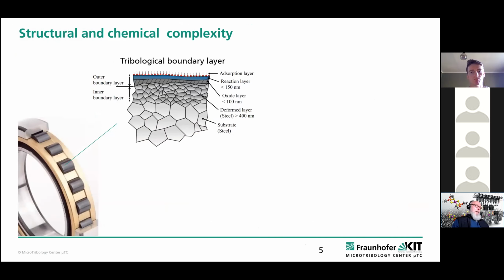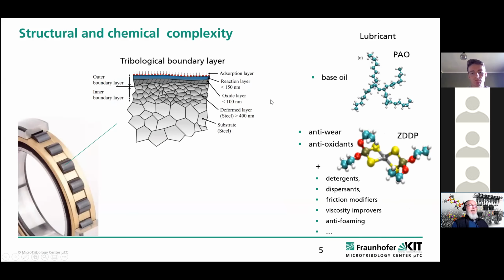One impediment for this is, of course, the structural and chemical complexity. Daniele already mentioned that too. For instance, if you have a steel surface and you look into the tribo zone of the steel surface, it's quite a complicated picture. You have a gradient in grain size, and then you have a couple of boundary layers at the outer surface, which are very complicated to describe, especially since you have a very complicated lubricant in these kinds of systems, where you have a base oil, for instance PAO.